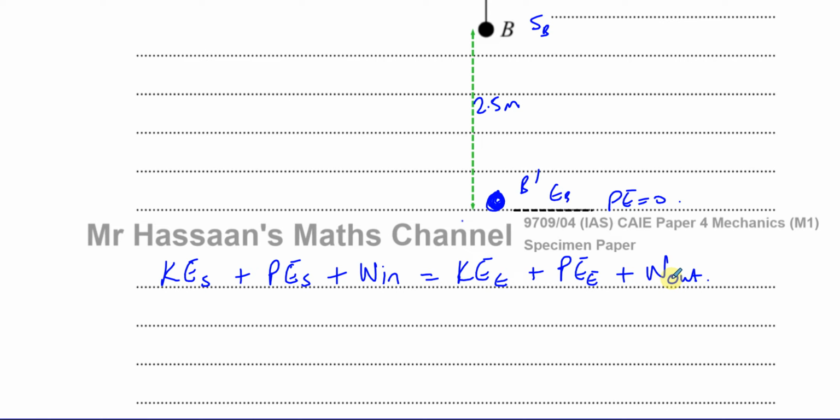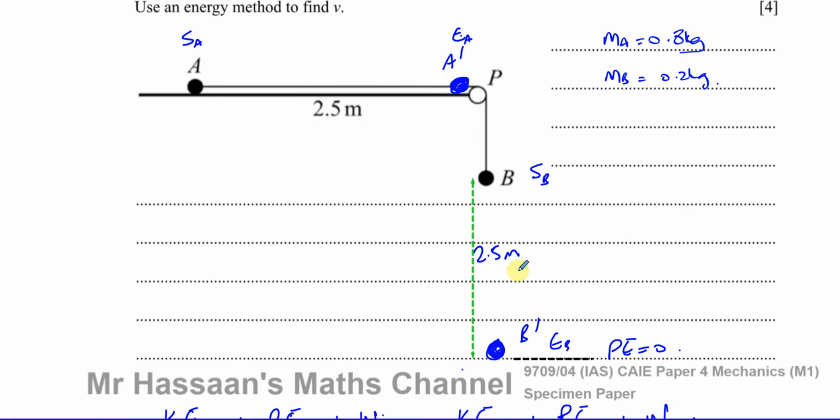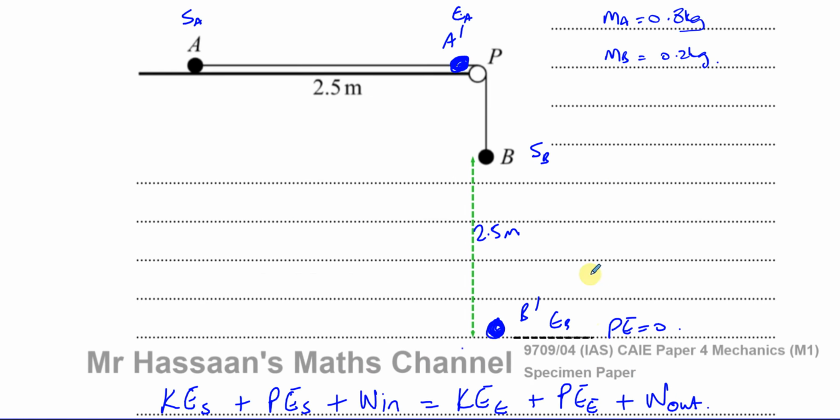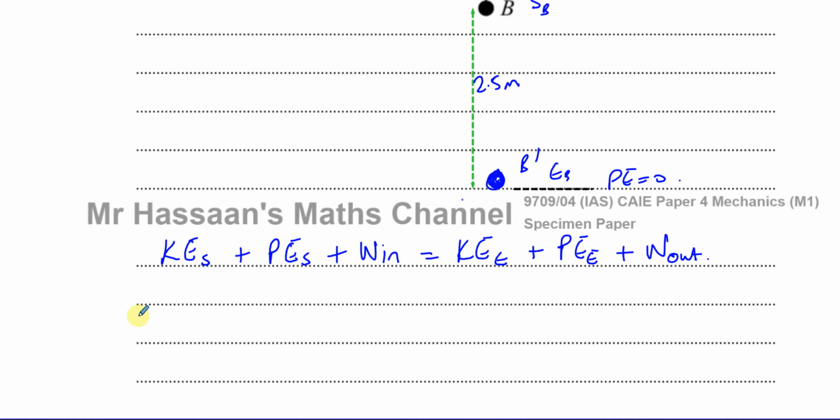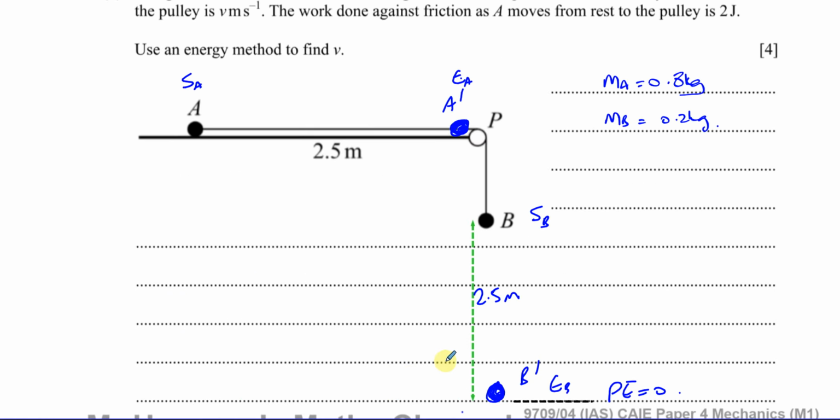So if we look at this, we can consider A and B separately. Let's look at the kinetic energy of A. At the start it's 0, so the kinetic energy at the start for A is 0, and the kinetic energy at the start for B is also 0.